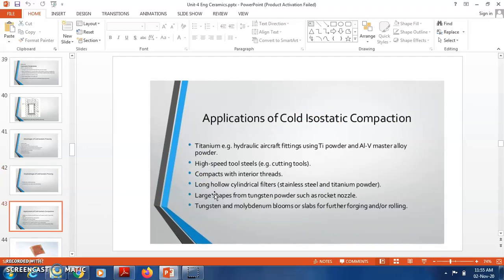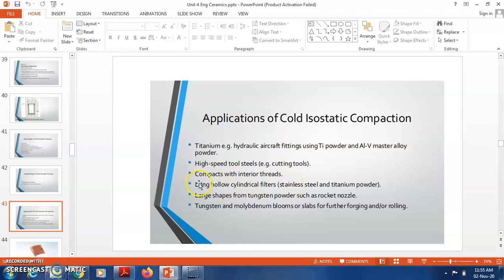Next we are going to see the applications of the isostatic process. Titanium is an example. Here, for example, hydraulic aircraft fittings using titanium powder and aluminum-vanadium master alloy powders can be developed. Then high-speed tool steels, for example cutting tools.